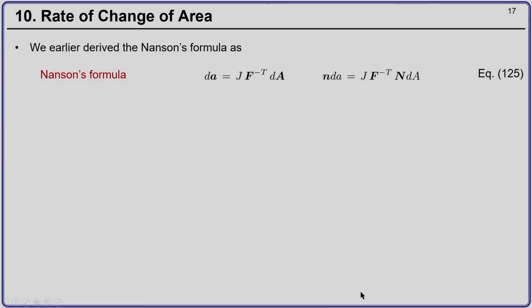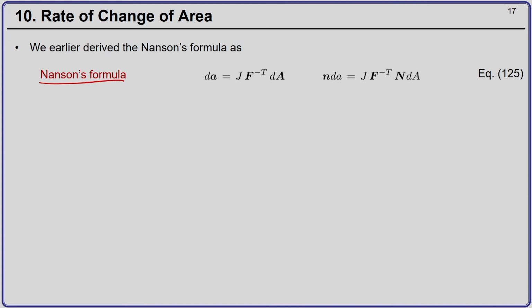With this we come to the next topic, which is the rate of change of area. Now, you have an infinitesimal spatial area element dA, and you want to compute the rate of change of that area.